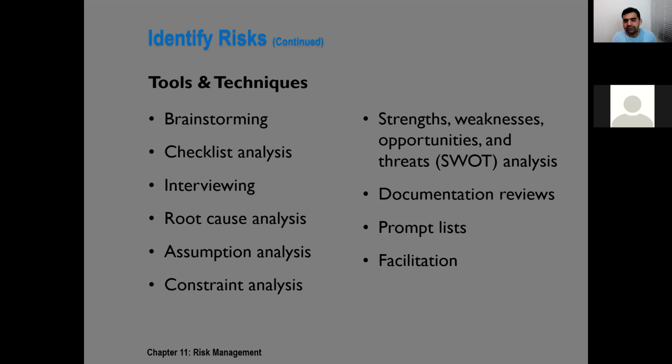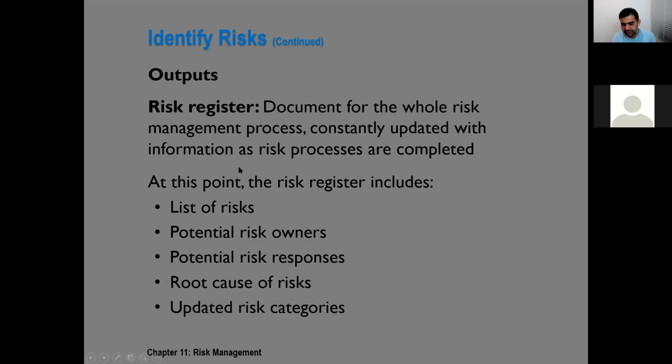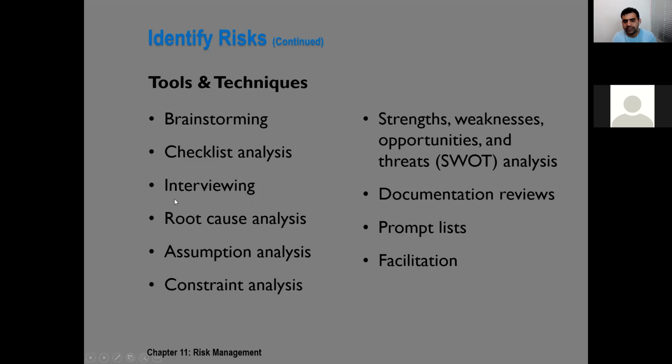We can use a variety of different techniques in risk identification, including brainstorming and its different variants like brain writing or round robin, and so on. Checklist analysis to identify different risks, interviewing the subject matter experts, root cause analysis.